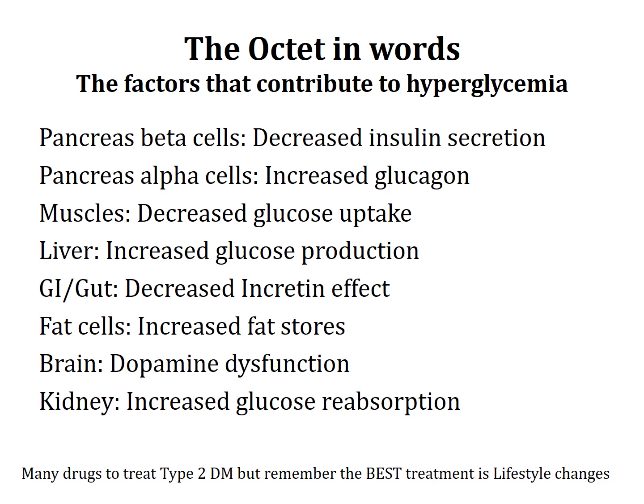And when we look at the pharmacology to treat type 2 diabetes, what we're trying to do is minimize different parts of the ominous octet, so therefore they have less incidence of hyperglycemia. But again, I'm going to stress this over and over, and a lot of you guys already know this.